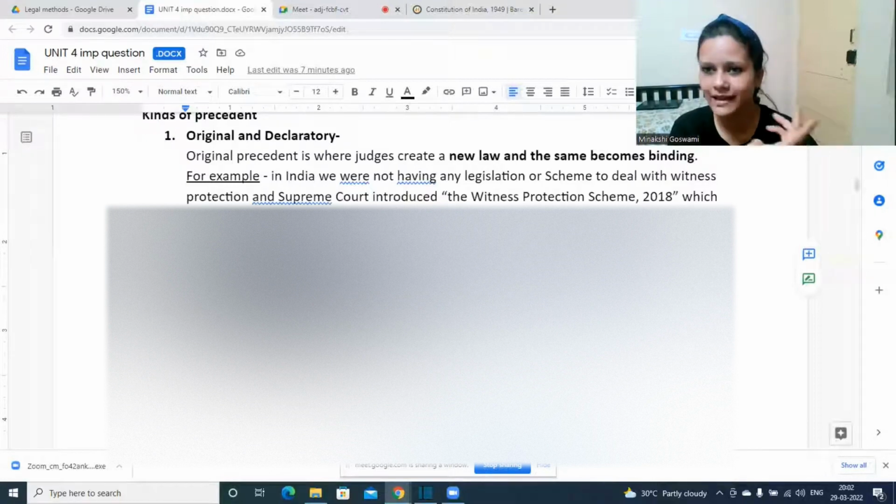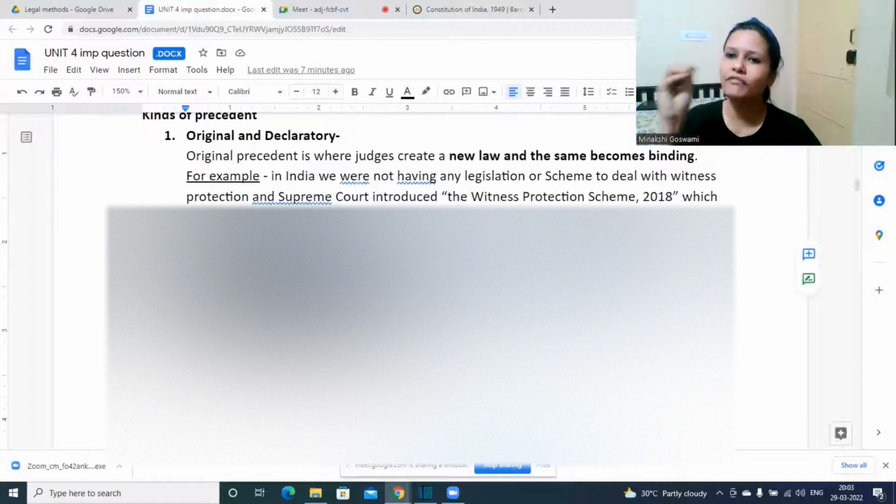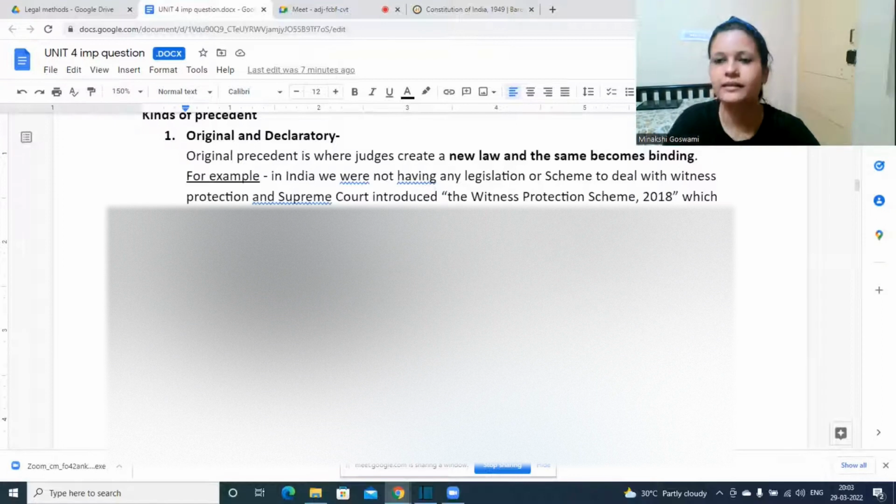But then what is life? What is personal liberty? In many cases, a lot of interpretations were given to this concept, where the Supreme Court has said that right to life and personal liberty also includes right to privacy, right to travel abroad, right to clean air, right to education, etc. This means it is declaratory precedent. The concept was already there, but these specific things were not declared before that. It was declared in that certain given case.